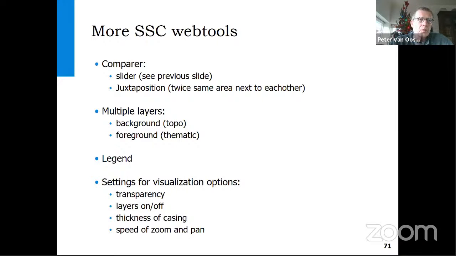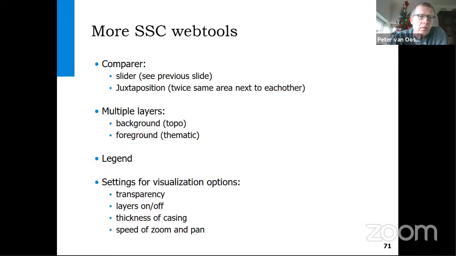But with juxtaposition, you are looking at the same area left and right, only with a different approach, say the parallel or the single step simplification. We also had options for multiple map layers.